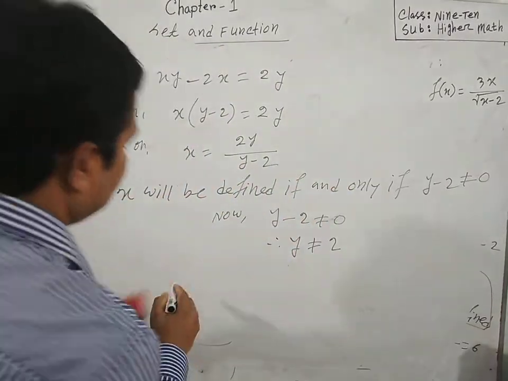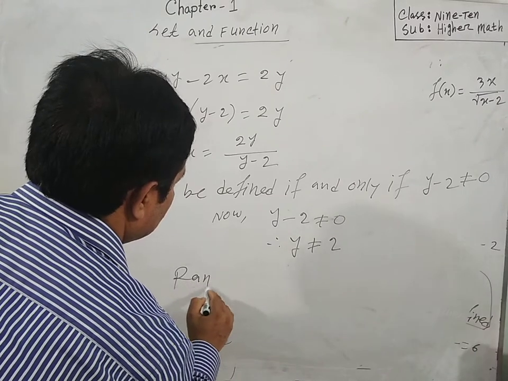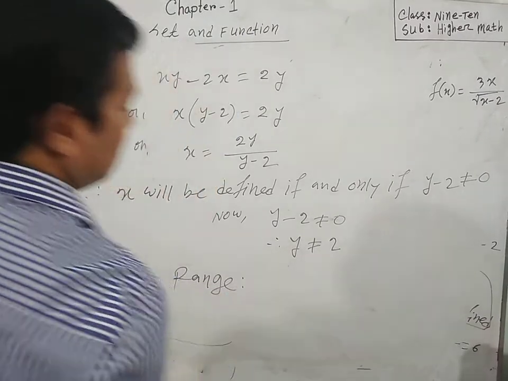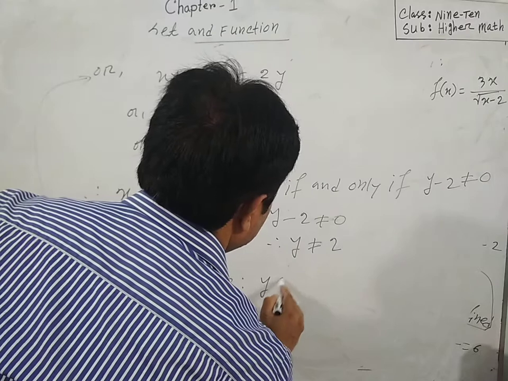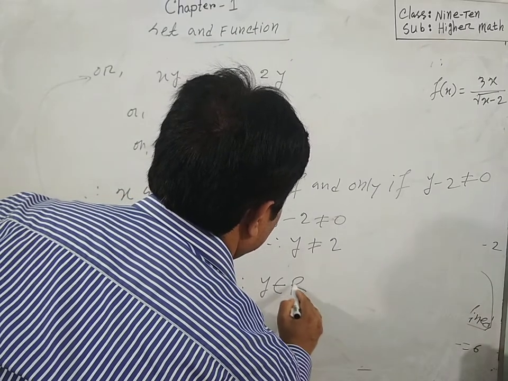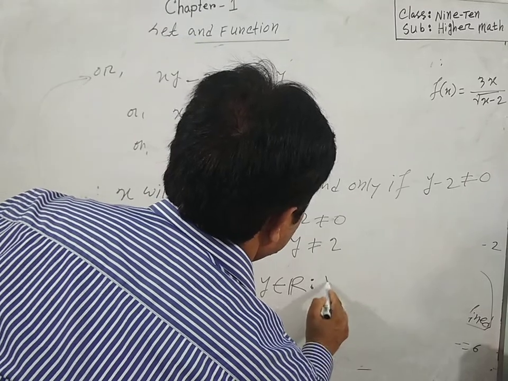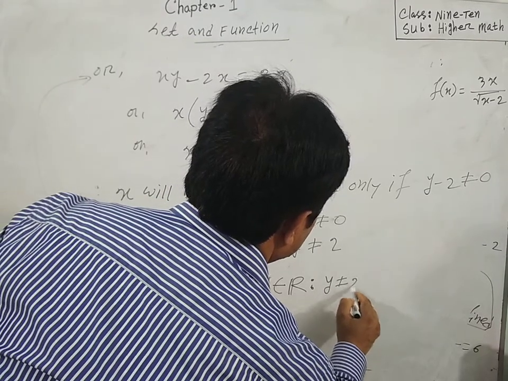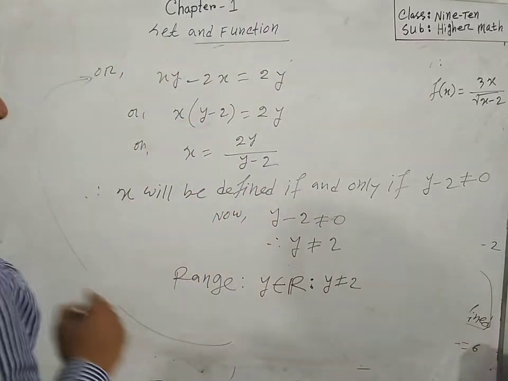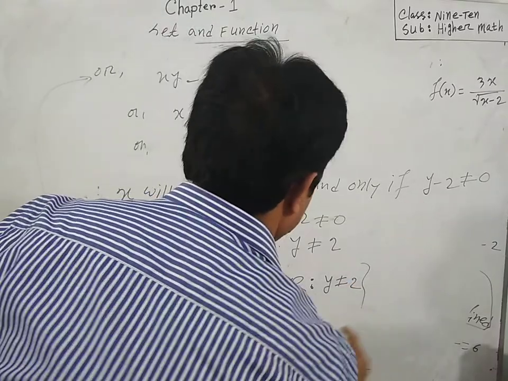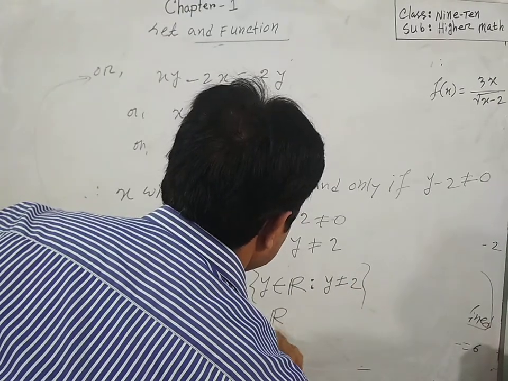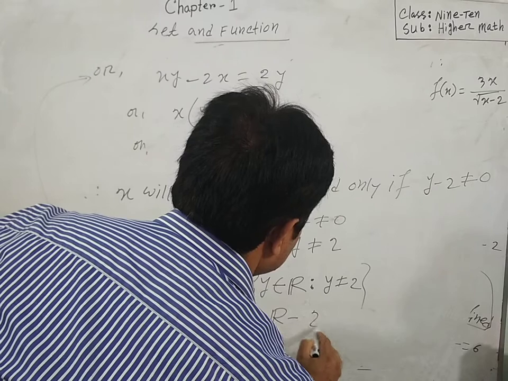So we can write range equals y belongs to R, real numbers, such that y not equal to 2. Or we can write all real values except 2.